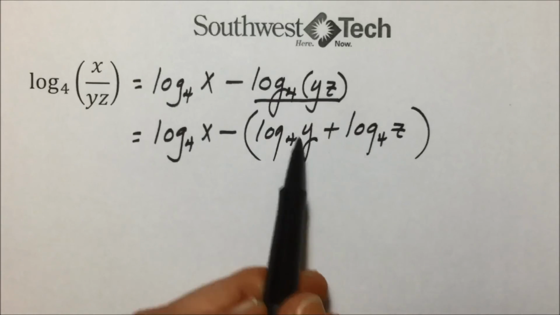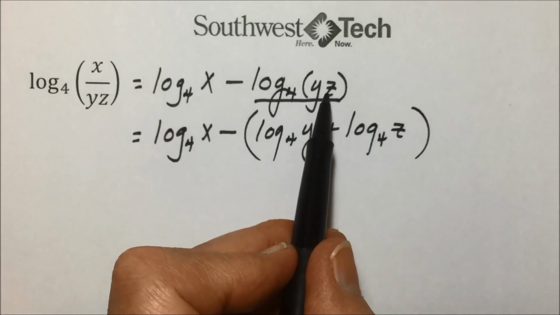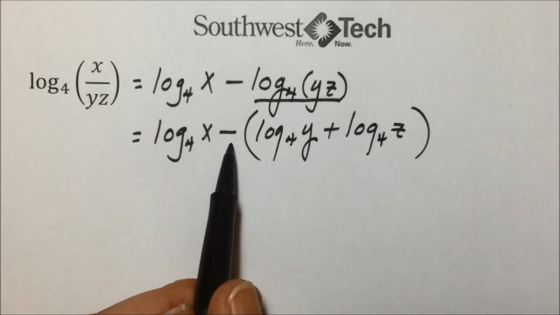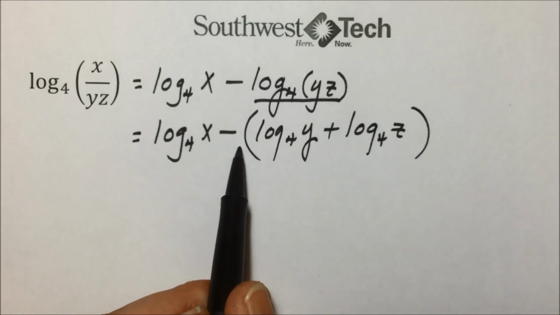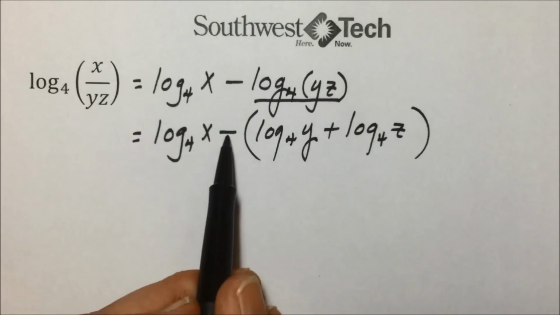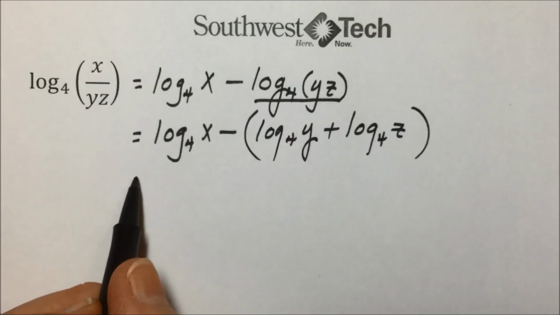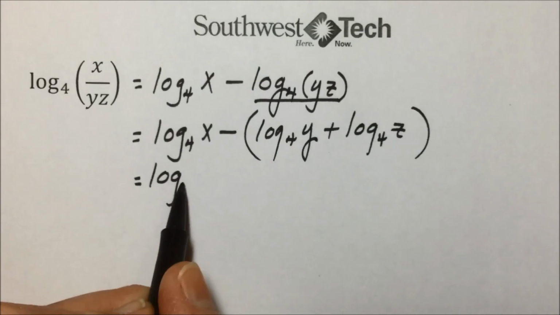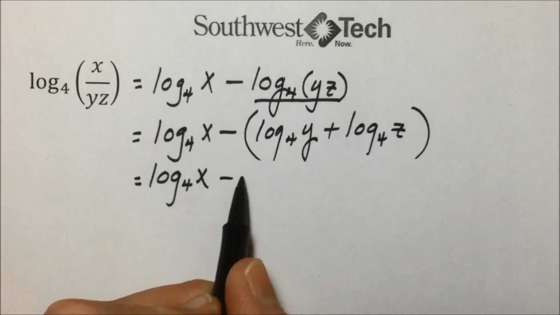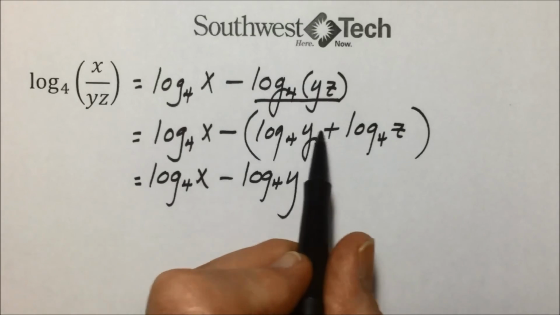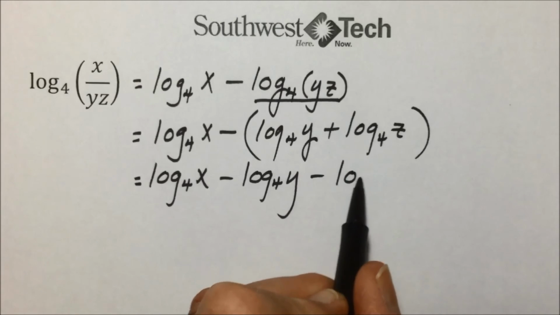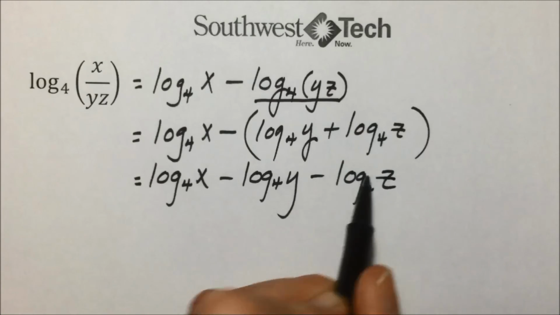These two are equivalent to the log of the product, and if we want to eliminate parentheses, we're subtracting a quantity, so it's not only minus log base 4 of y, it will also be the subtraction of that third log there. So minus log base 4 of y minus log base 4 of z.